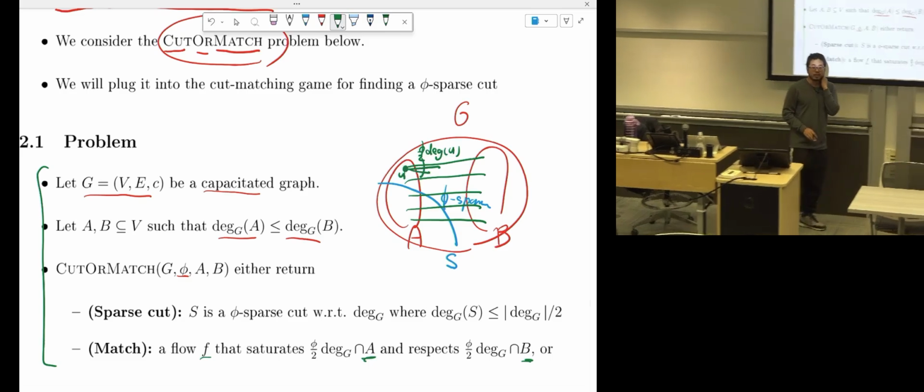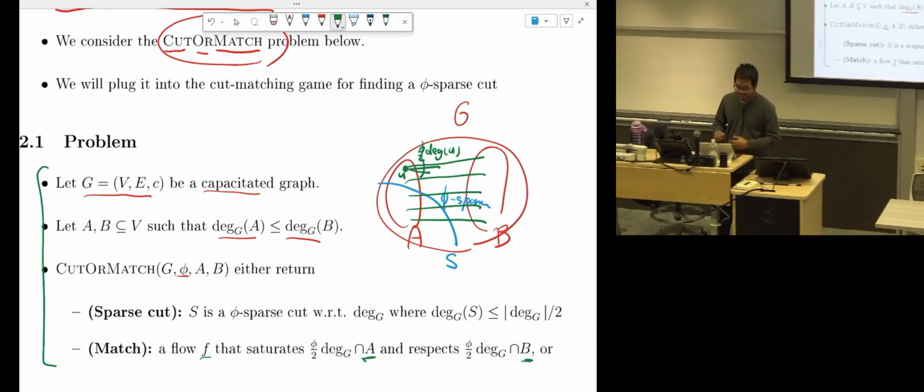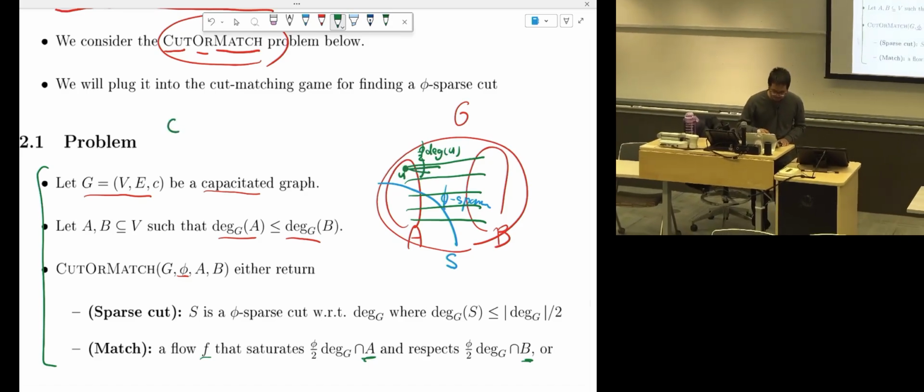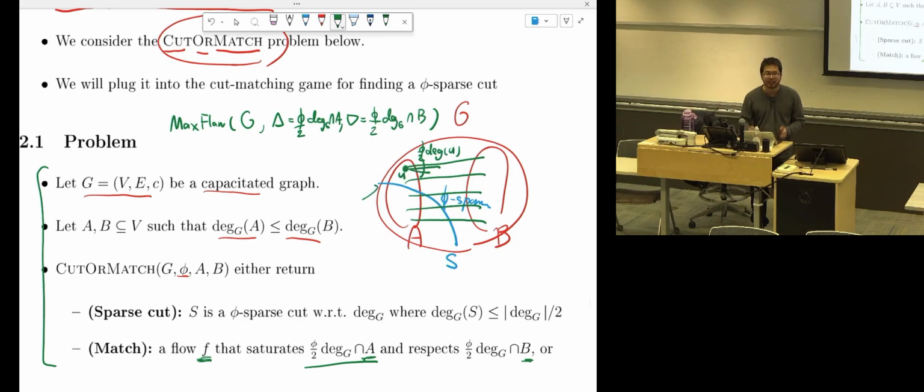If you are okay with calling MaxFlow as a black box, you literally just solve MaxFlow in G and set the source to be degree intersect A and the sink to be degree of G intersect B. And it's gonna either send the flow, or if it returns some cut, that's gonna be a sparse cut.